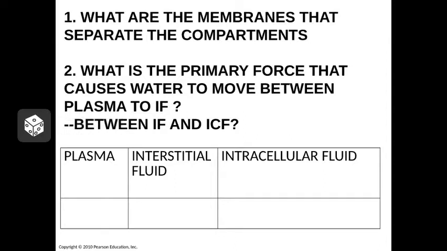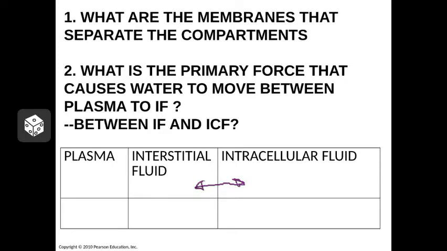If these barriers are permeable to water, let's talk about what influences the movement of water across the cell membrane, the plasma membrane.